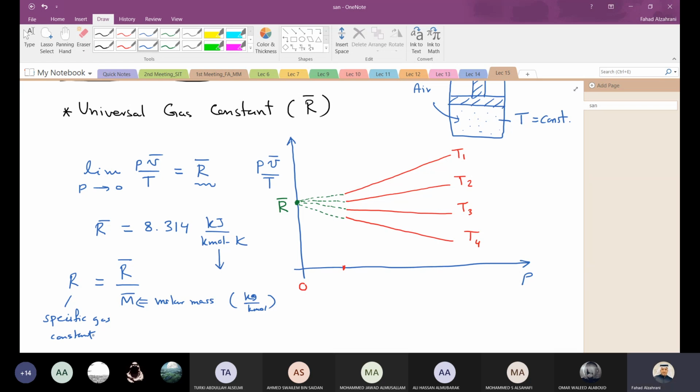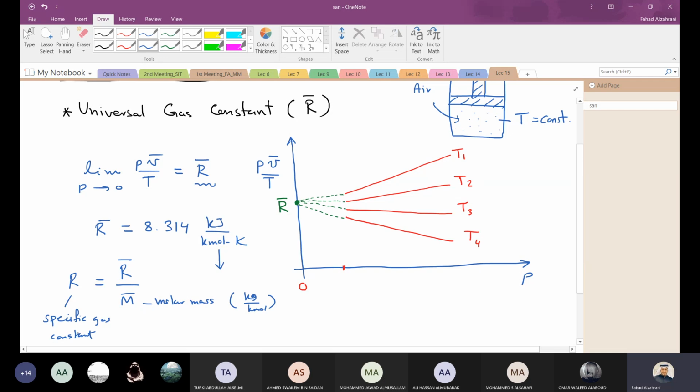For each gas I will have a different R. But R bar applies for all gases, so it is universal for all gases, while the specific gas constant is for each type of gas. So air has an R, and water vapor, for example, has a different R, and so on. Okay? So this is the other important information in this case.